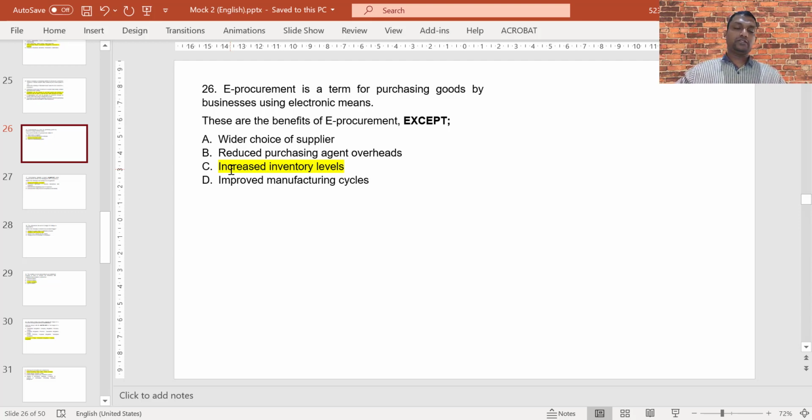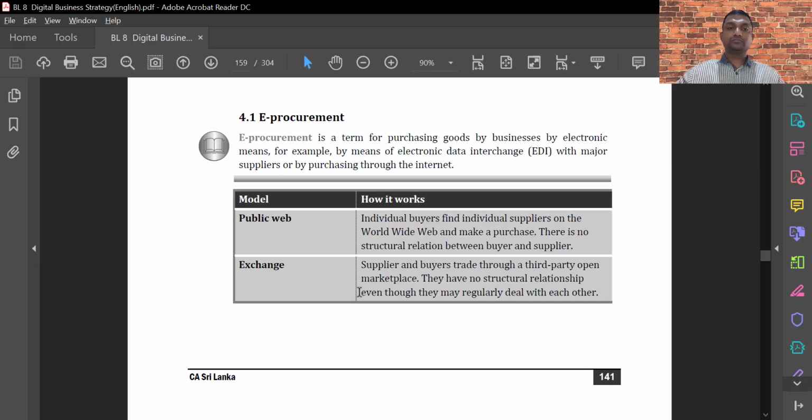So just about enough amount of inventory, if we can manage, that is the best option, rather than keeping a lot of inventory. So e-procurement helps to maintain low inventory levels, because this process is digitized. So the answer is C, but let's look at how these things are explained.